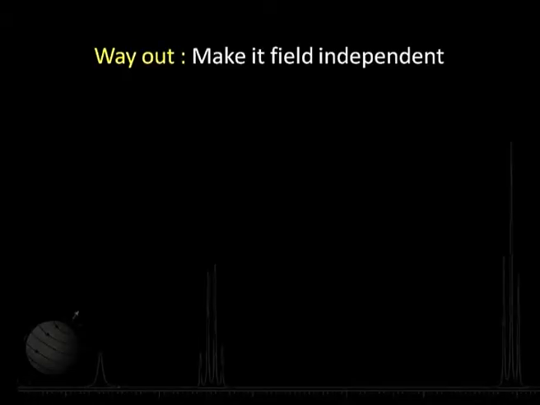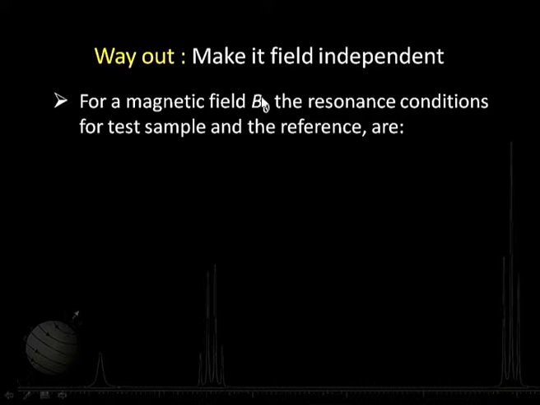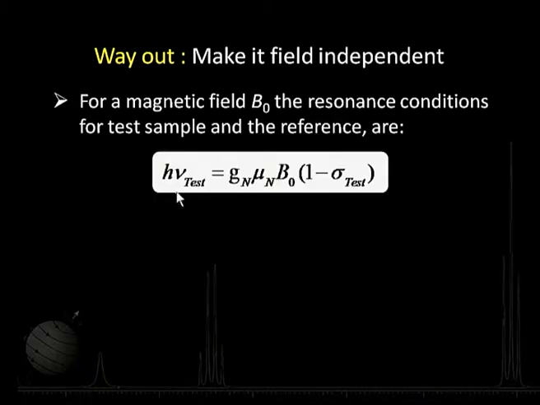We try to make some kind of a scale which is field independent. How do we do that? Let us understand. Suppose I have a magnetic field B naught. The resonance condition, which we have talked about many times, for the test sample, the compound I am measuring, with TMS as the reference, is: h nu test equals g n mu n B naught (1 minus sigma test), where sigma test is the screening constant for the molecule I am dealing with.